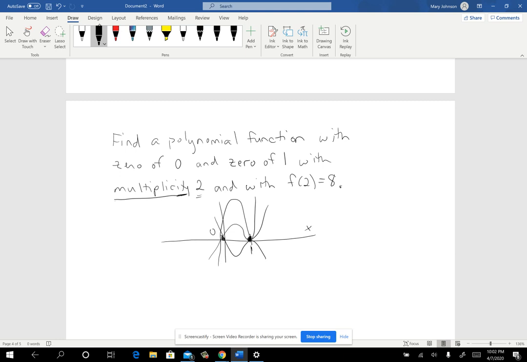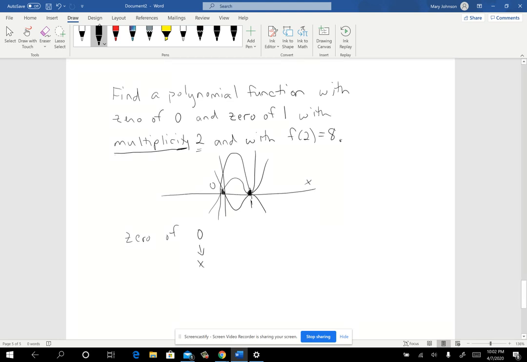If you have a 0 of 0, that corresponds to a factor of x. You could think of it like x minus 0, but it's really just a factor of x. And then a 0 of 1 would correspond to a factor of x minus 1, okay?